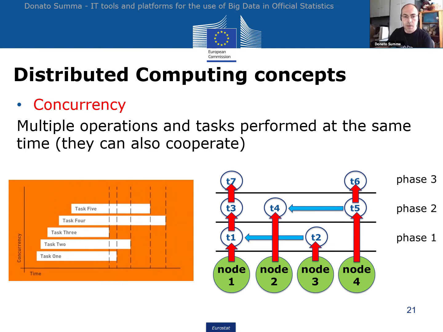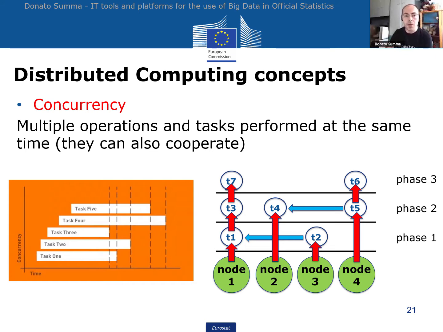Another concept is concurrency. We already talked about concurrency when I was talking about the main characteristics of a distributed system. In this case, I just want to add that within a distributed system, when we are doing distributed computing, multiple operations and tasks are performed at the same time, but they are not isolated.